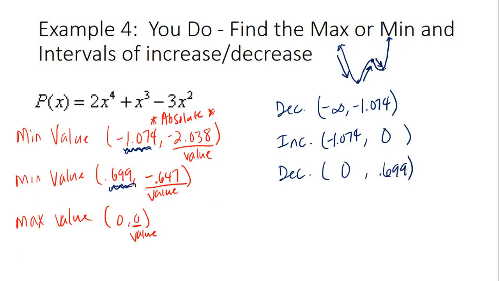And then from here to infinity, we're increasing. So we're increasing from 0.699 to infinity.